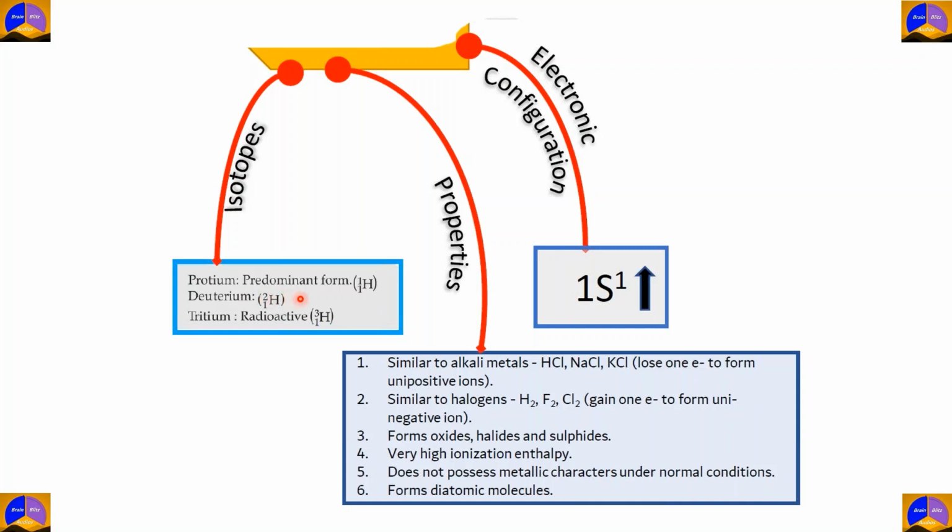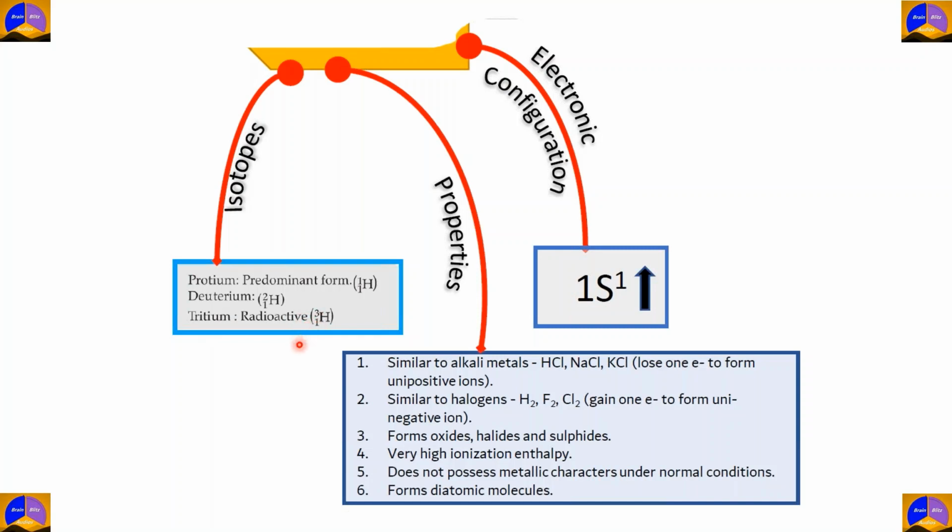Deuterium is used in analyzing many of the common reactions involving hydrogen, and is also used as heavy water in nuclear reactors. We'll come back to that. Now, tritium is the radioactive isotope of hydrogen.